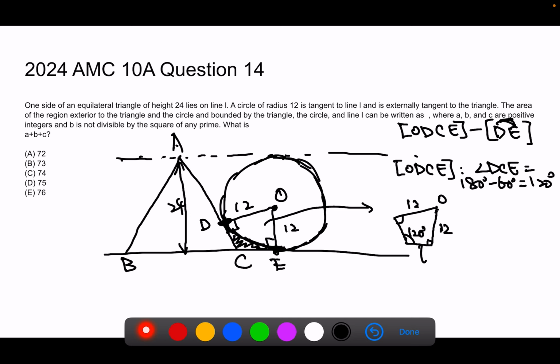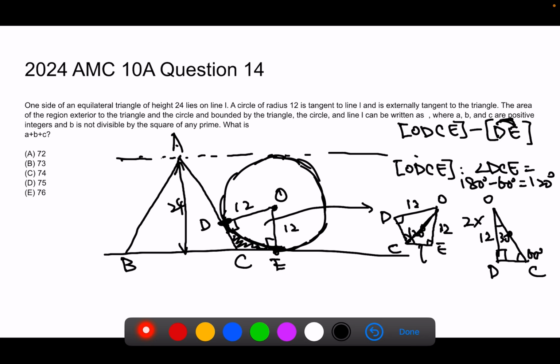So apparently you can see if you connect O and C, you're going to divide the angle DCE into two 60 degree angles because they're exactly symmetric. But actually, this is two angles, and so this is actually 2 times, let's just use ODC as an example. This is 12, and this is 30 degree, and 60 degree, and 90 degree.